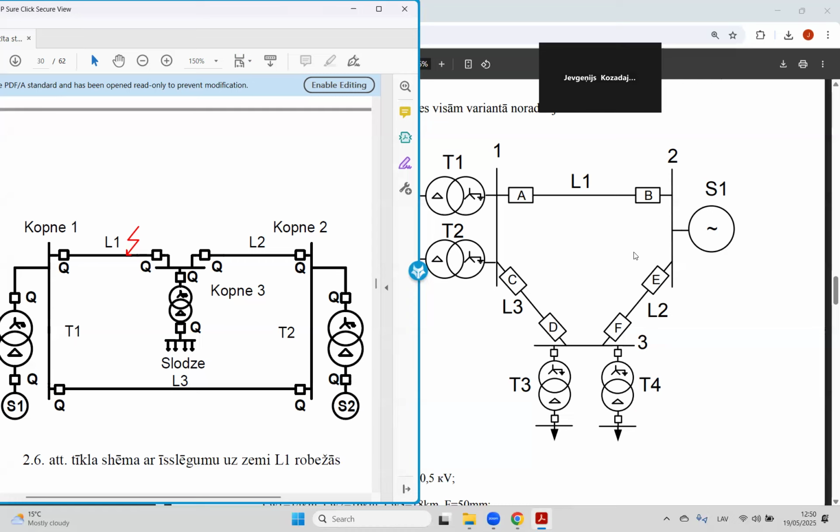Why? Because it is not clear for a protection device where the nearest protection device to the power supply is, and the nearest to the fault, because it is a loop. It's complicated.